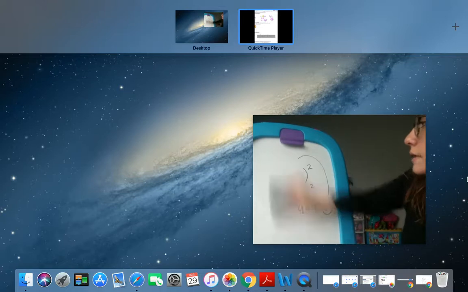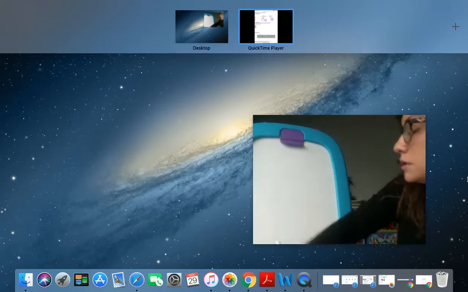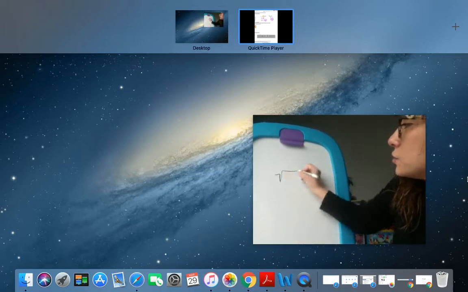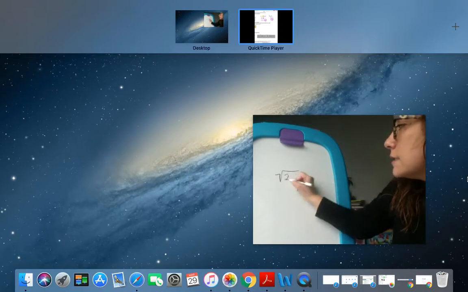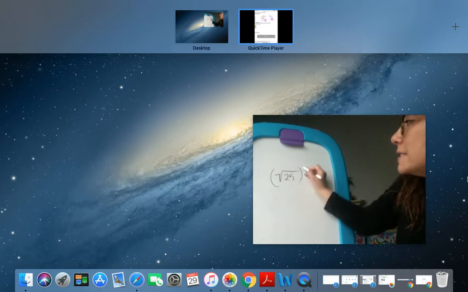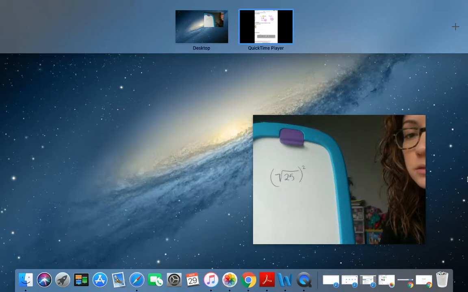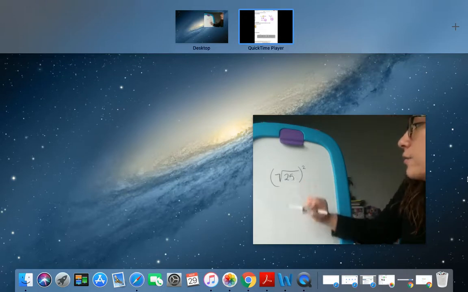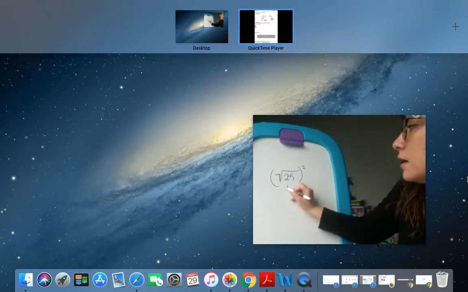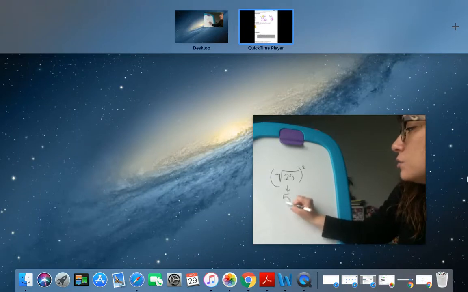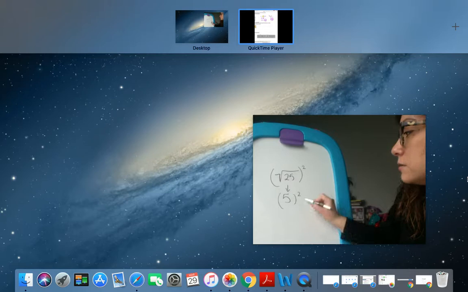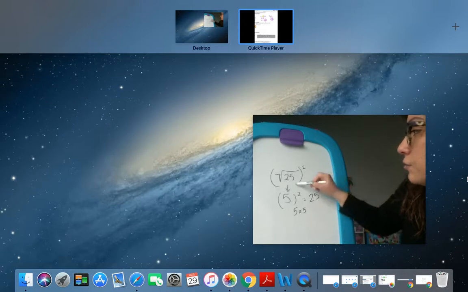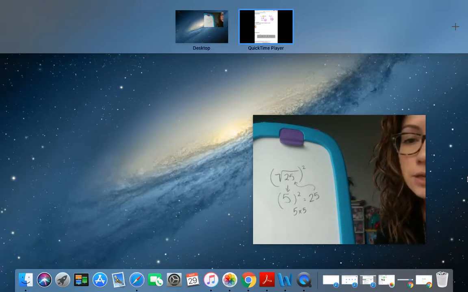Let's take a look at another one that works like that. What if I have square root of, let's say, 25, but it's now squared? All right, so square root of 25, I know that this is equal to 5. 5 squared, well, that's your 5 times 5 is 25, bringing you right back to the same answer that you had.